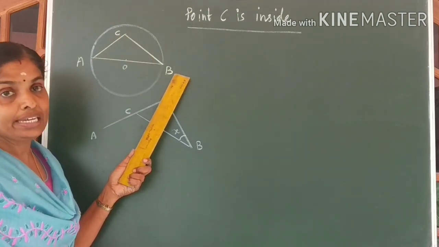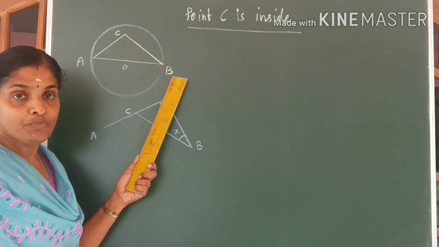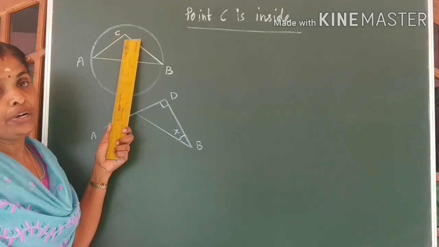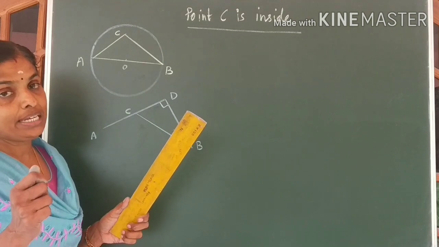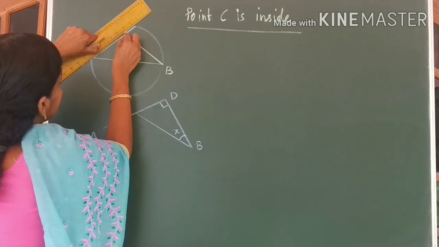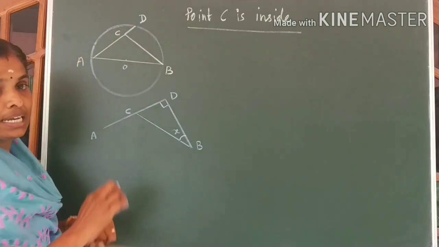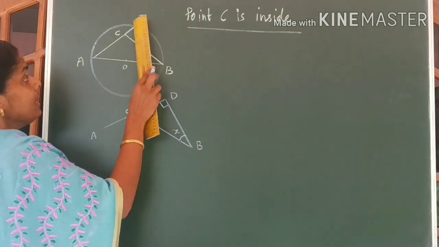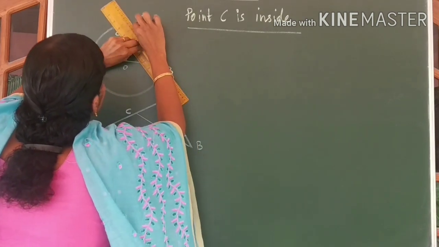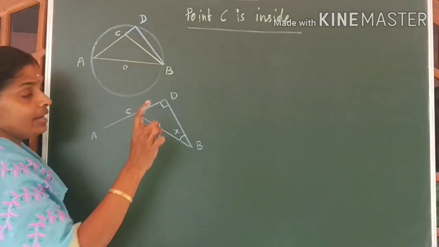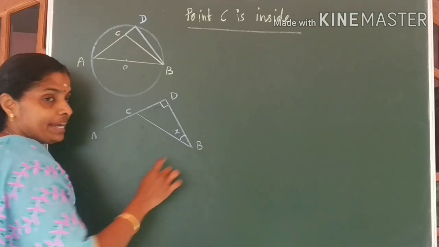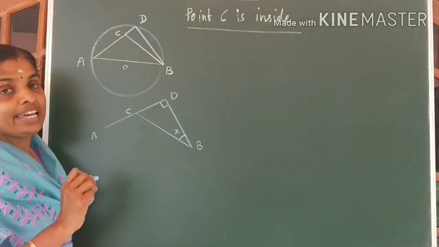To find out angle ACB, what we can do is extend this side AB to meet the circle at the point D. I am extending this line to meet the circle at the point D. Now you join D to C. See, children, I have drawn triangle DBC here separately for you to get a clear idea.